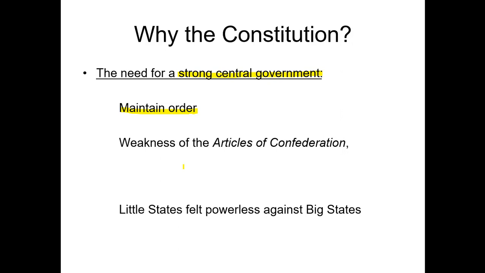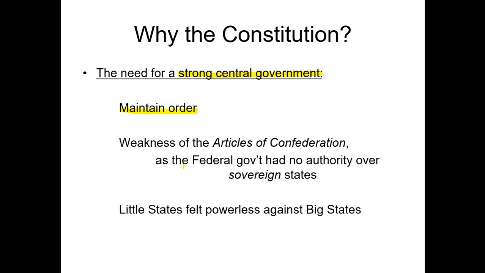They also needed to address the weaknesses of the Articles of Confederation, since the federal government, as allocated in the Articles of Confederation, really had no authority over the sovereign states. They're fairly powerless. The states were pretty much doing whatever they wanted to do.